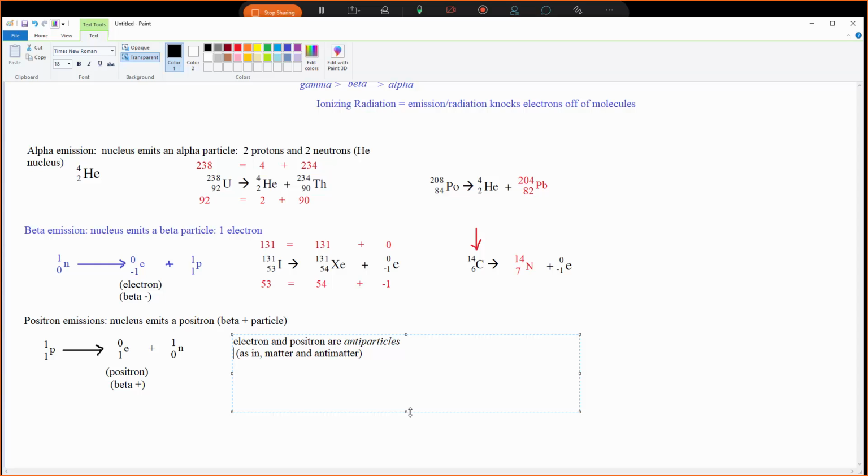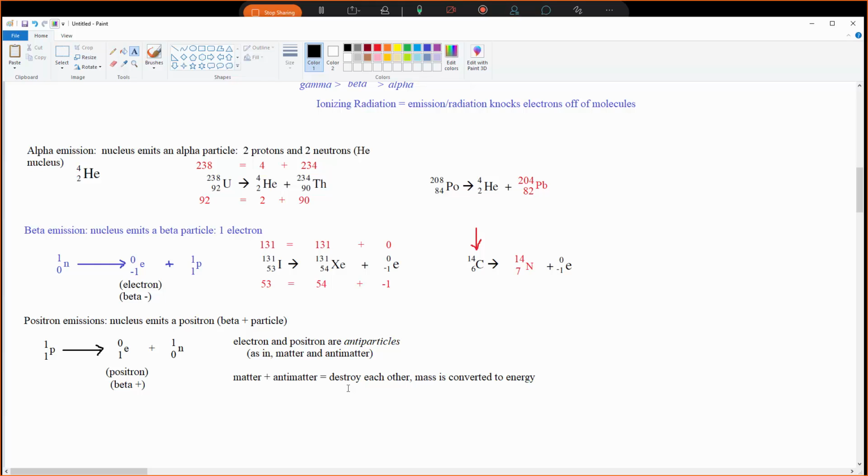You guys have watched Star Trek, right? When matter and antimatter collide, there's a big explosion, right? Or in this case, they will destroy each other, and their mass, or matter, is converted to energy.